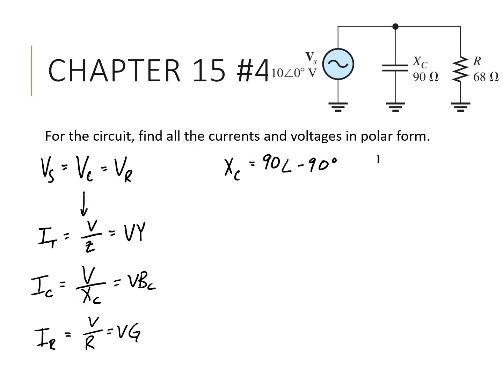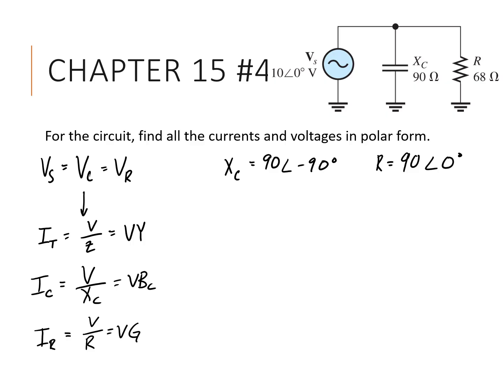For the resistance here, if we want to write that in polar, it's 90 ohms at 0 degrees. But again, we're going to drop those ohm symbols just because we got enough weird stuff going on in here.